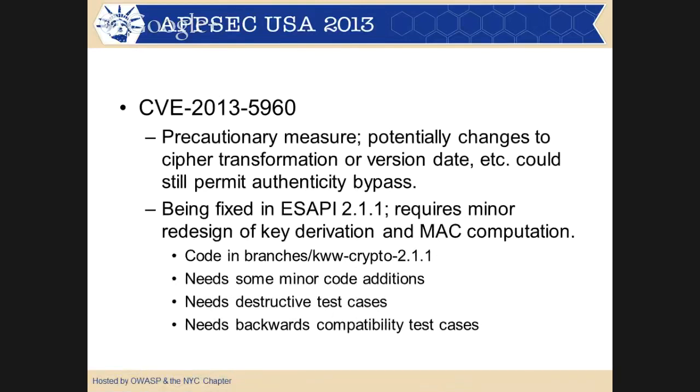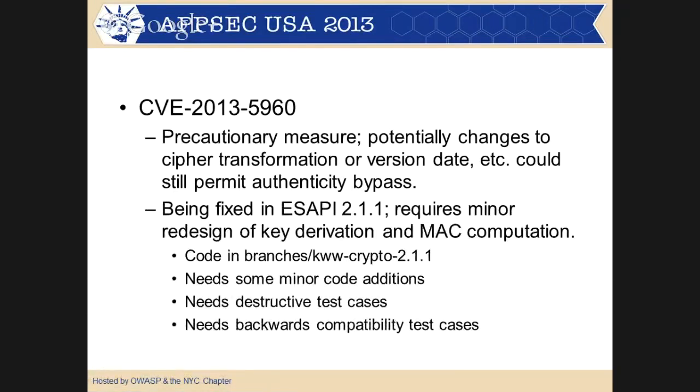By default, the only non-authenticated cipher mode that ESAPI supports is CBC, cipher block chaining mode. But if somebody could come in and say, you should add OFB, like output feedback mode, which operates very similarly to the way that CBC works, and that's actually what the proof of concept code used, then it would potentially be possible for them to bypass the authenticity check.